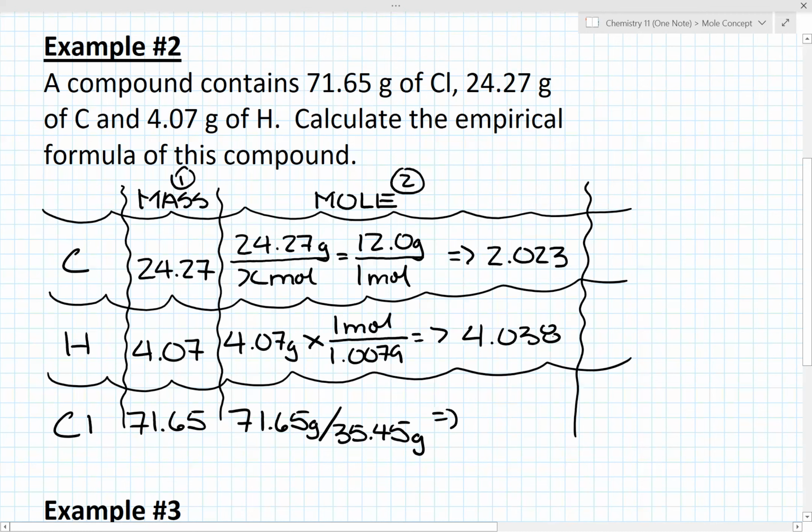And then 71.65 divided by 35.45, so I get 2.021. That's to find the number of moles.